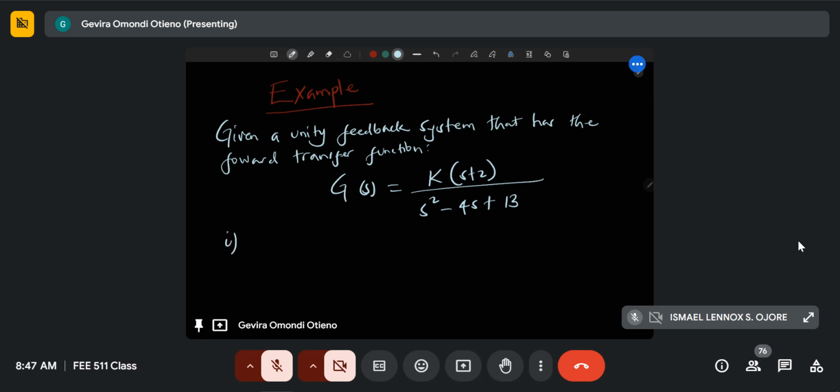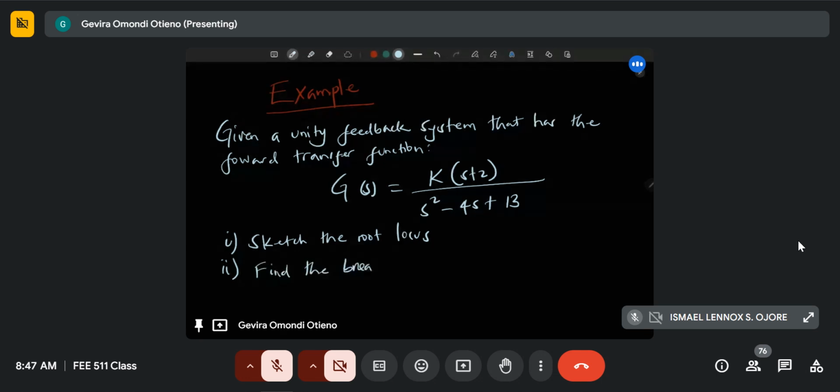Number 1, sketch the root locus. Number 2, find the break-in point. This is specified. Find the break-in point.